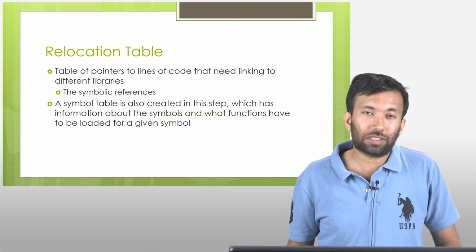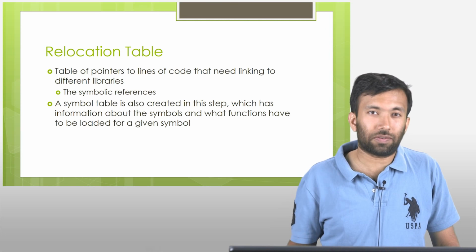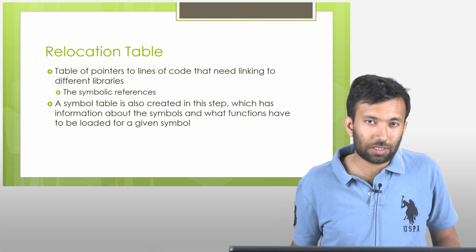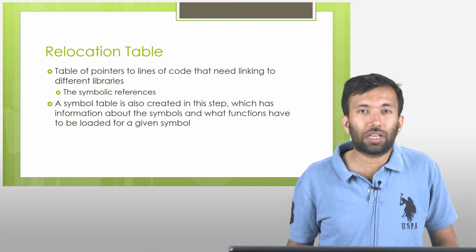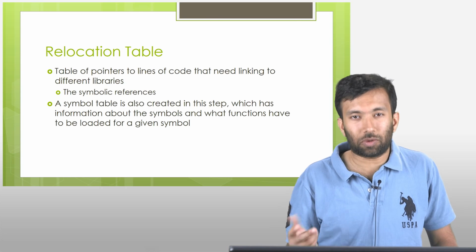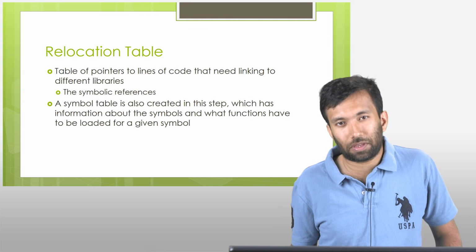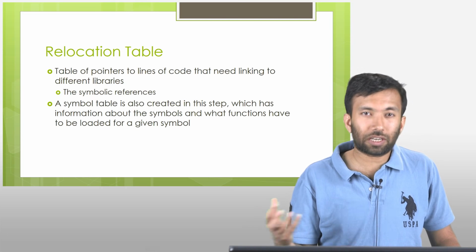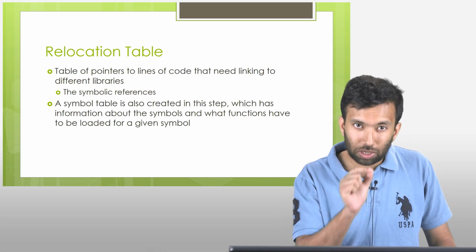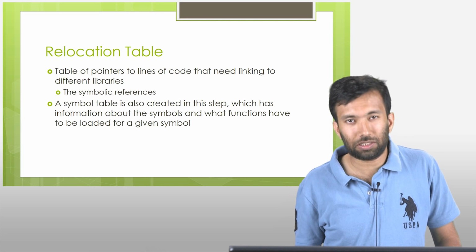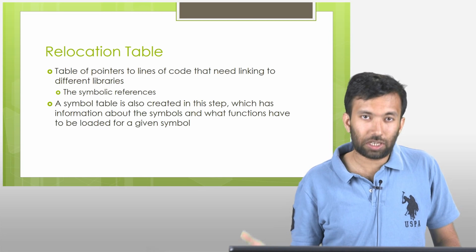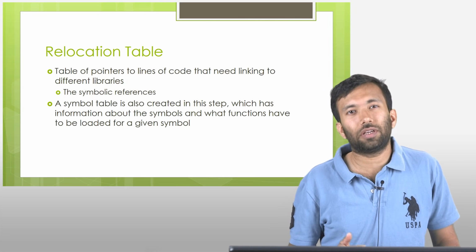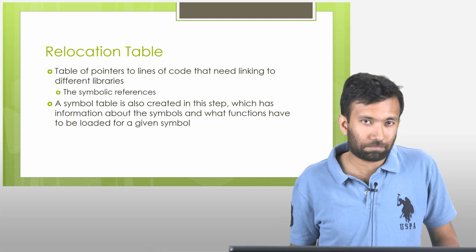The symbolic references and the relative references are combined into a table called the relocation table. This relocation table says which line of code needs modification by the linker. So the linker can use the object file as well as the relocation table and go to the lines which need modifications. So the linker uses the relocation table to find those lines and then converts them into binaries.